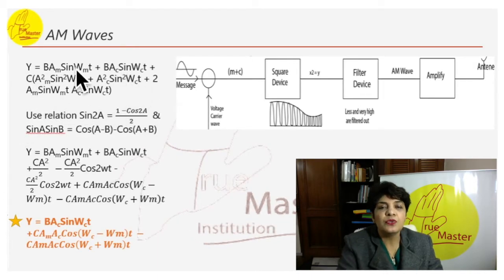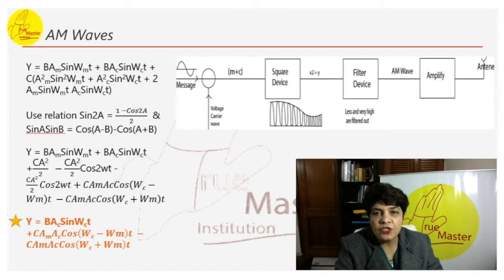Now we are going to use two more relations. One is sine square a equals 1 minus cos 2a by 2, and we are going to use another formula: sine a sine b is equal to half of cos (a minus b) minus cos (a plus b).